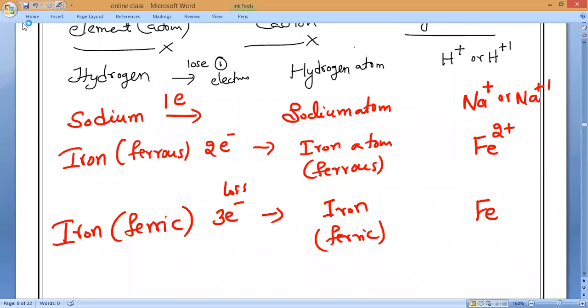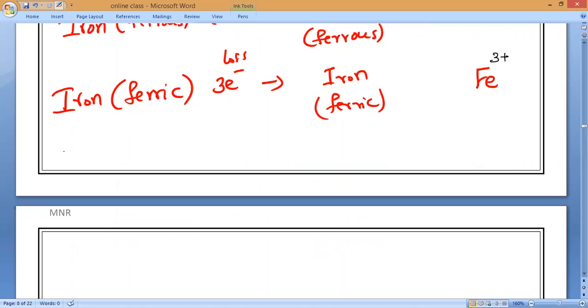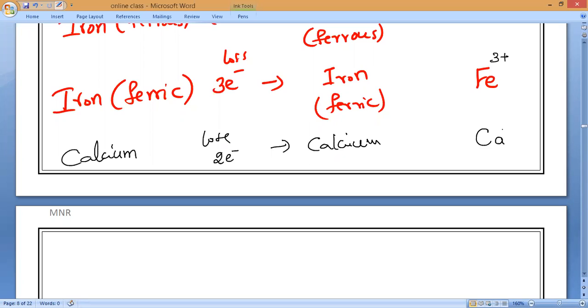Fe 3 plus. That is what you have to remember. In the same way, if we take calcium, it will also lose 2 electrons. So what name will come? Calcium only, calcium ion. And what symbol will come? Ca 2 plus.